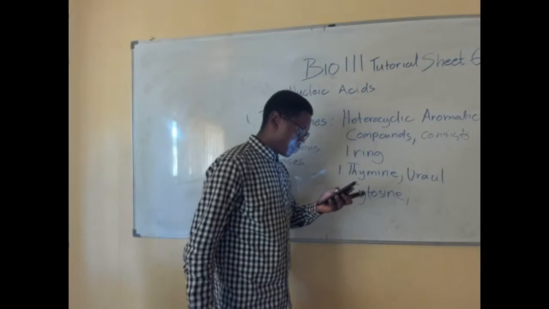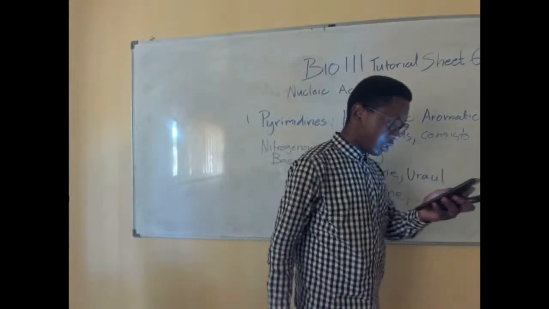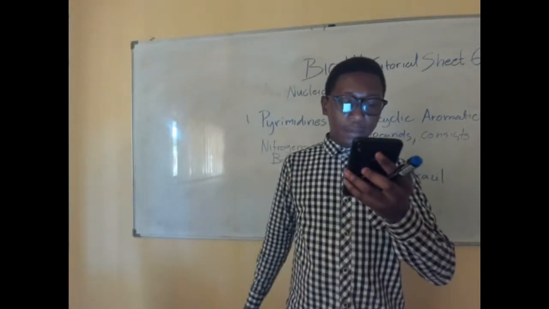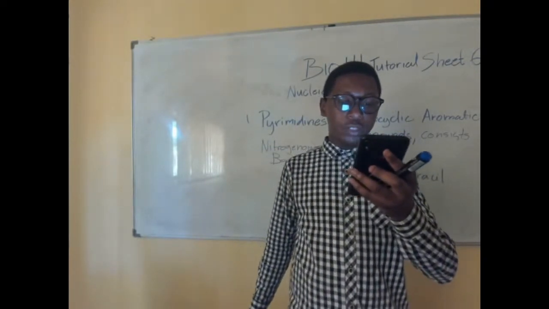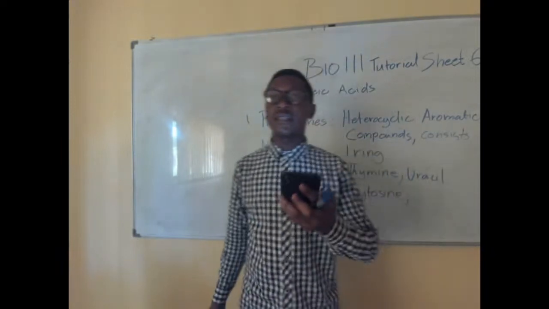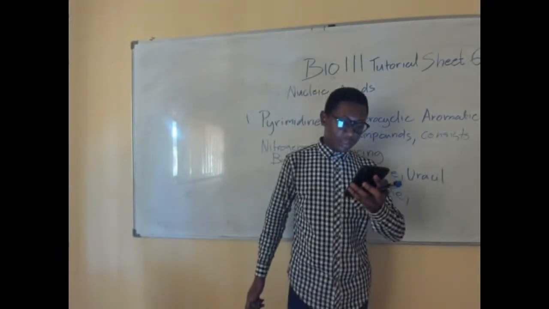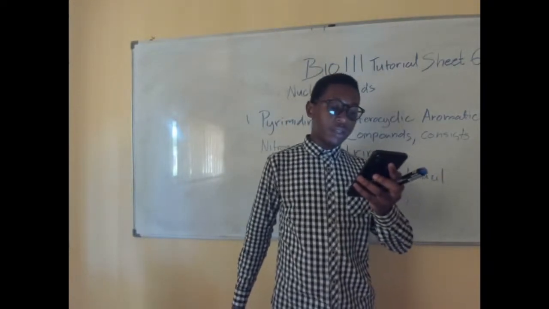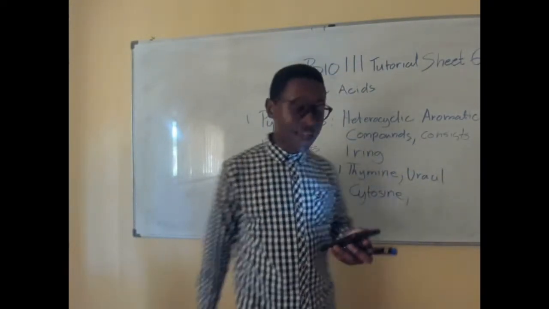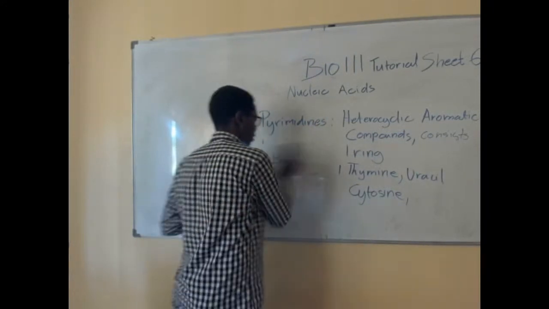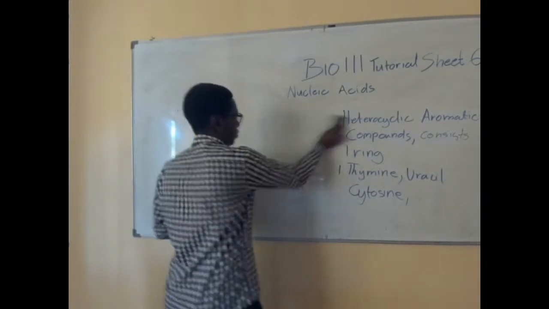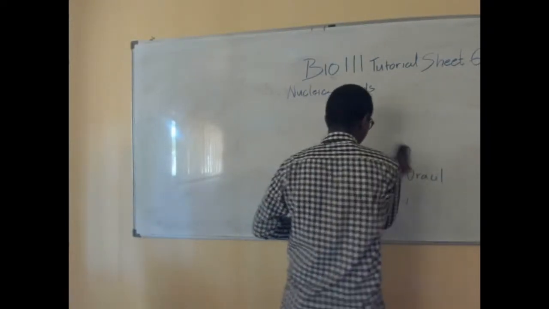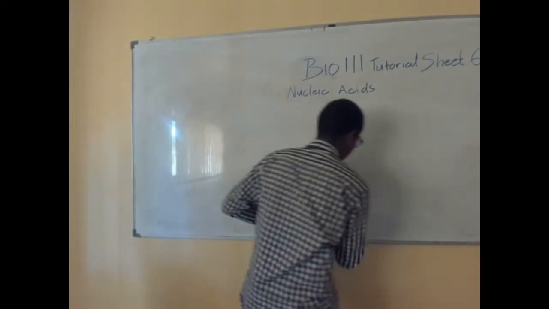So question 3 reads, state and draw the 5 different bases that are found in nucleic acids. Okay, so what are the 5 nitrogenous bases that are found in nucleic acids?